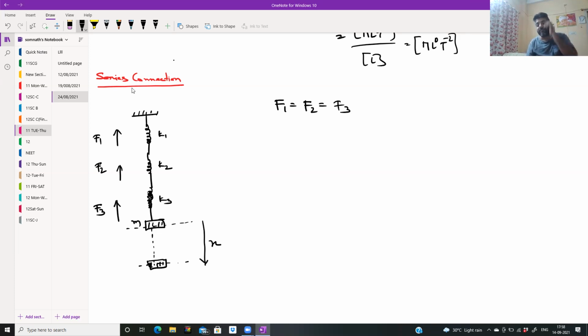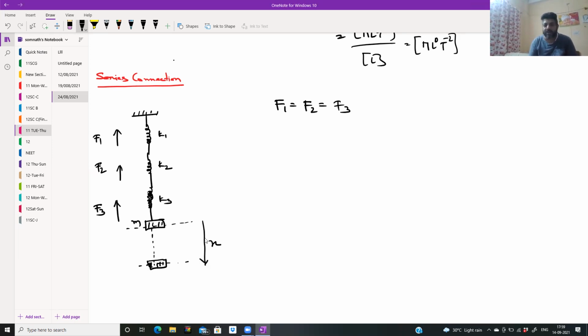Means if you connect them one by one, and measure, the force is almost the same, except you may get a difference because of the mass of the spring balance itself. Otherwise, their forces are the same.